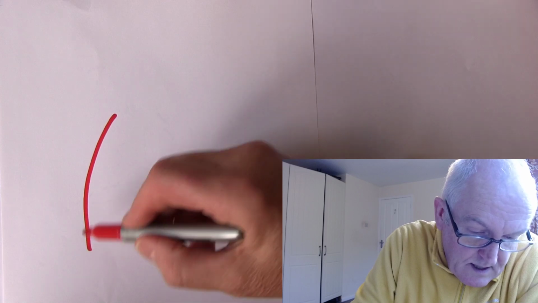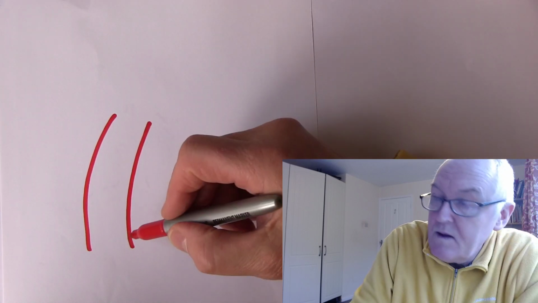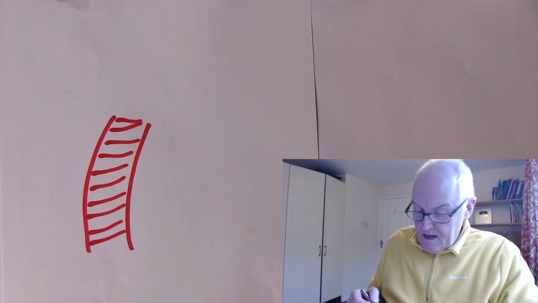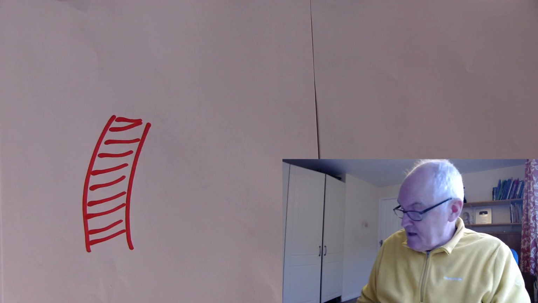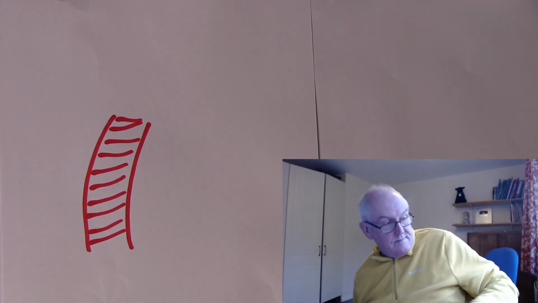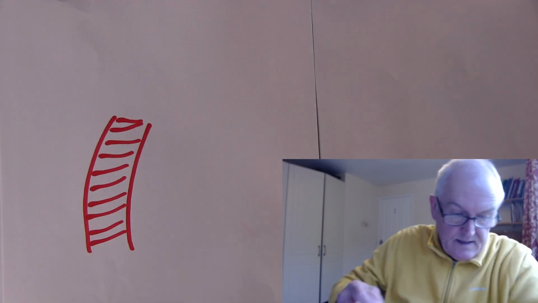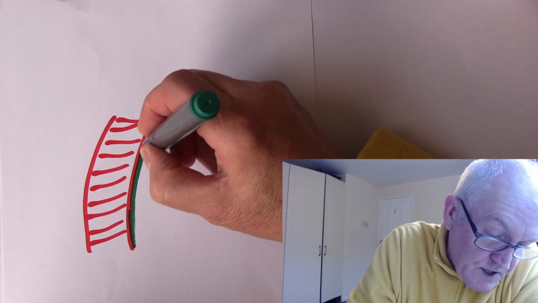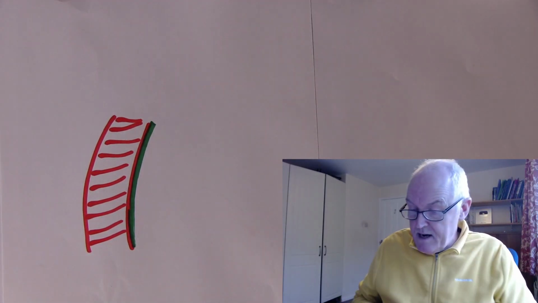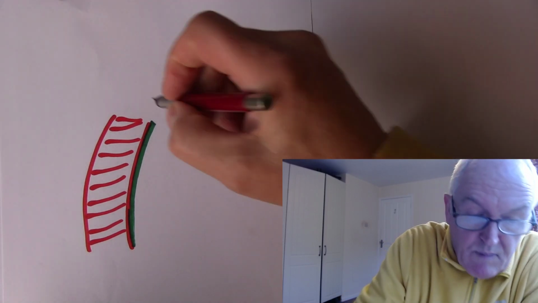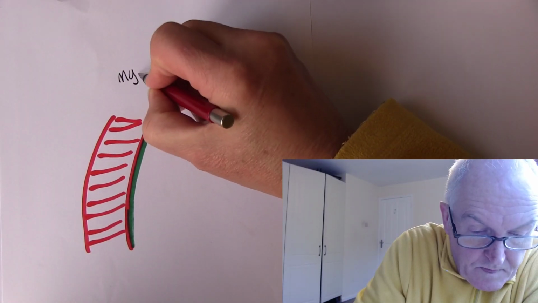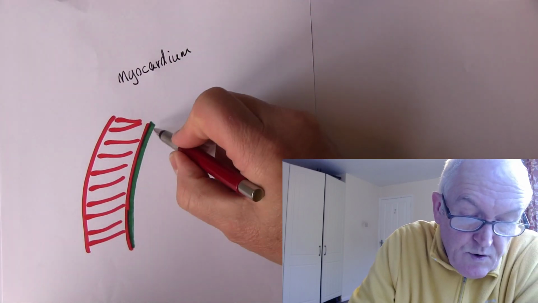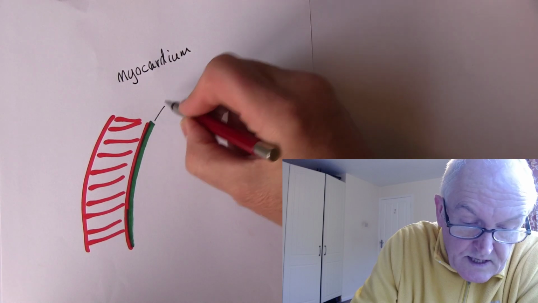So here we have the heart muscle, the myocardium, like this. And you probably know that lining the inside here, there's a smooth membrane to let the blood flow through the heart smoothly. So the main heart muscle, as we know, is the myocardium. This nice smooth layer here is the endocardium.